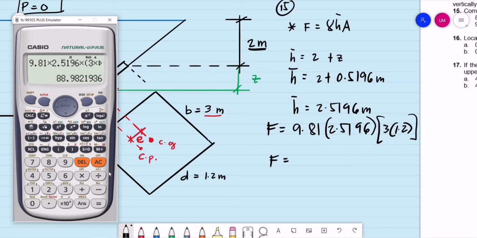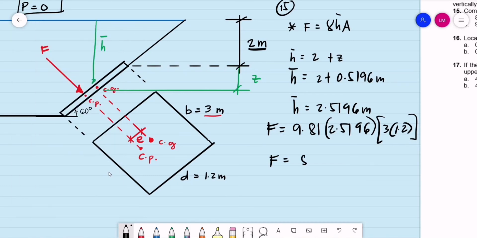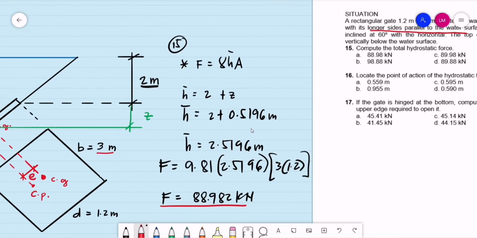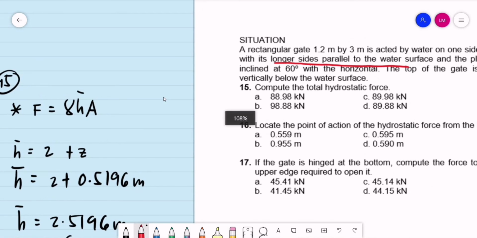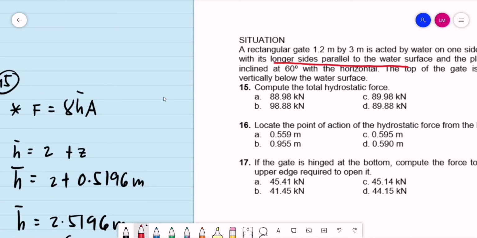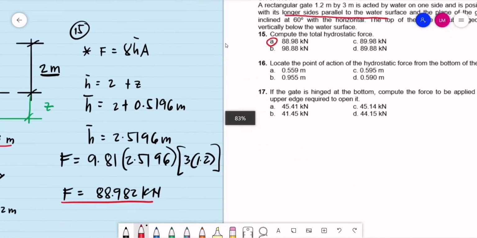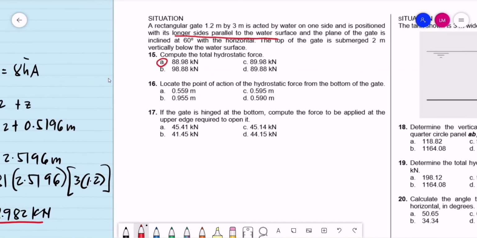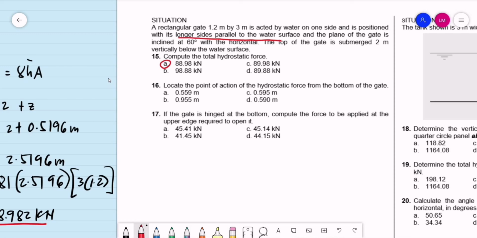So we have that as 88.982 kilonewton. So let us check kung meron tayong ganitong value sa choices. Okay, so I think we can have letter A. Ito yung 88.98 kilonewtons.